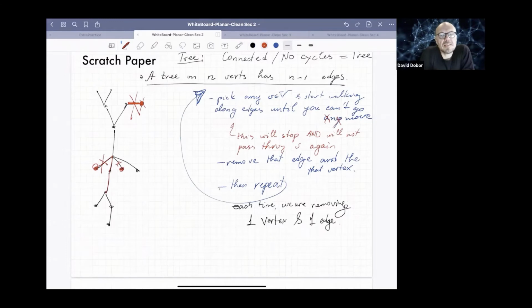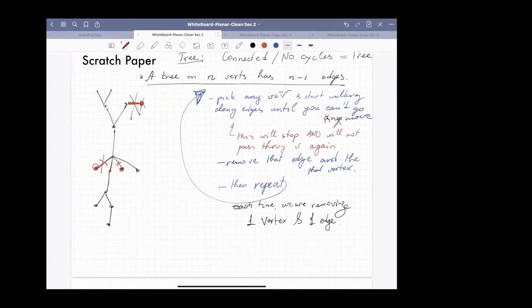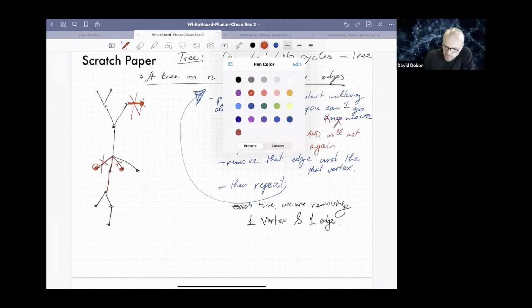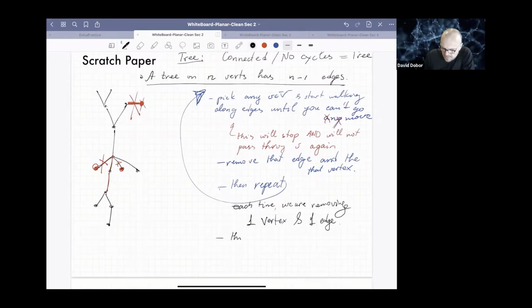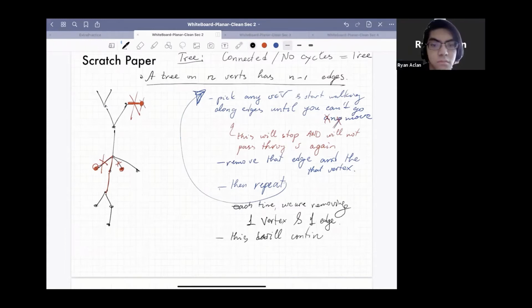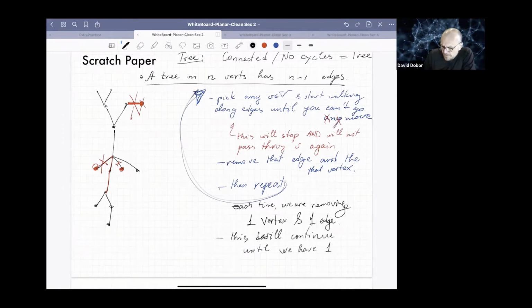When will this process stop? What will I be left with when this process ends? We're left with one vertex. This can continue until we have one vertex.